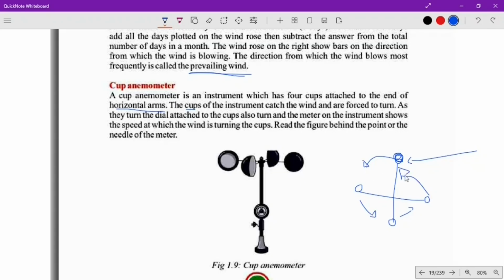When it starts spinning, it means we can now measure the speed of the wind. As they turn, the dial attached to the cups also turns the meter on the instrument, which shows the speed at which the wind is turning the cups.